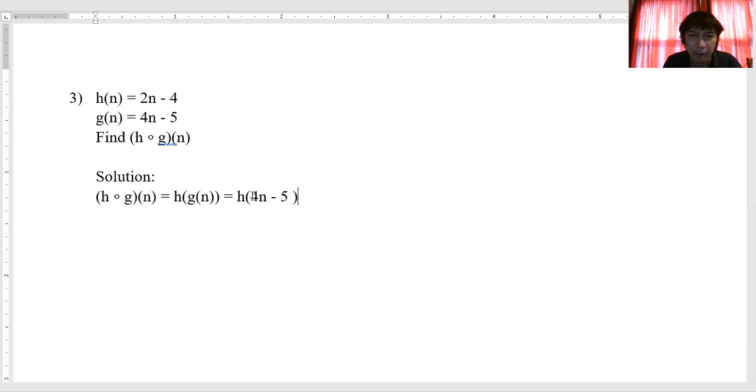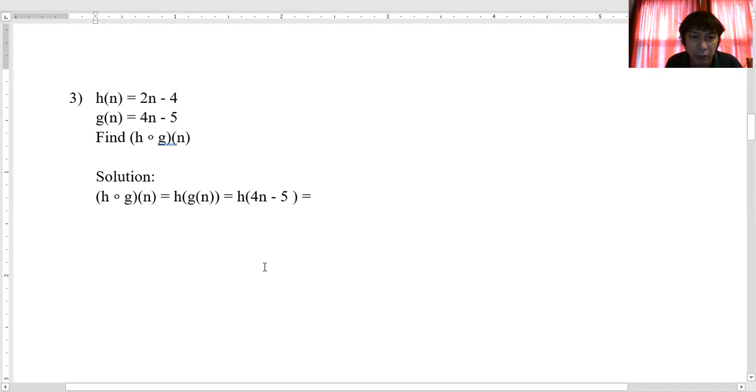And then you're now focused on the h function. Where you see the n, okay, it will be replaced by 4n minus 5. So the h function is 2n minus 4. That means the n here will be occupied by 4n minus 5. So we will copy exactly what you see here, except for the n. The n will be now replaced by 4n minus 5.